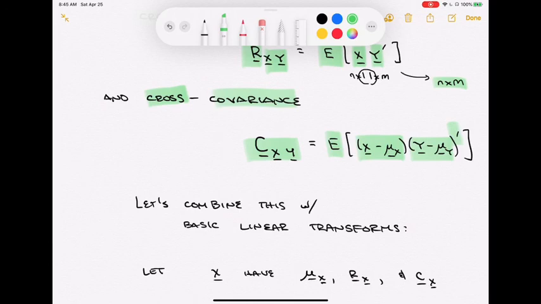We looked at second order statistics involving something with itself, so things like autocorrelation and autocovariance. And then we looked at second order statistics between a random vector x and a random vector y. Those are the cross versions, so things like cross correlation and cross covariance.